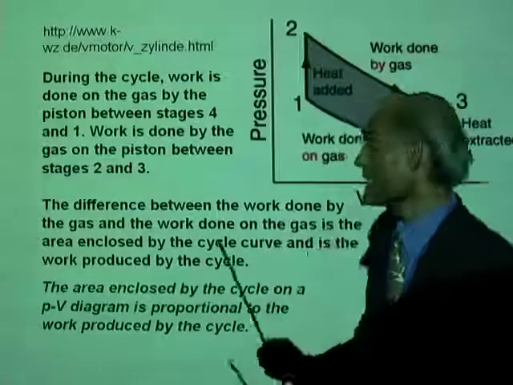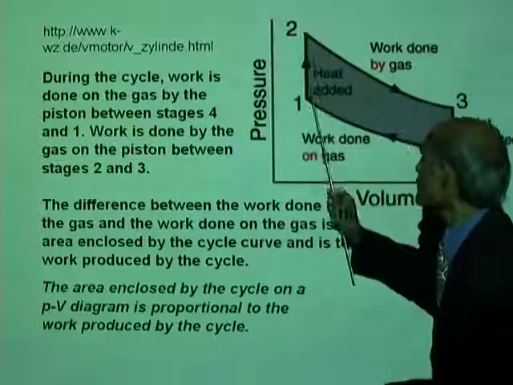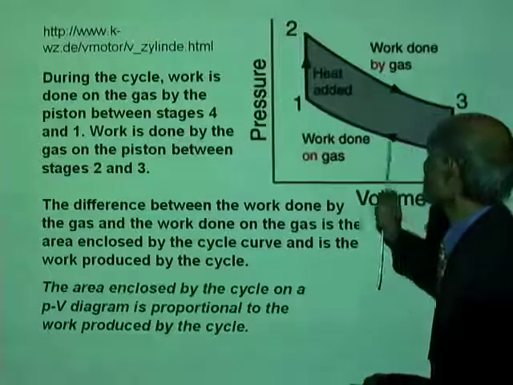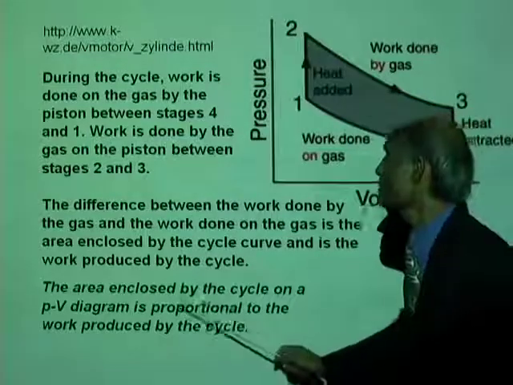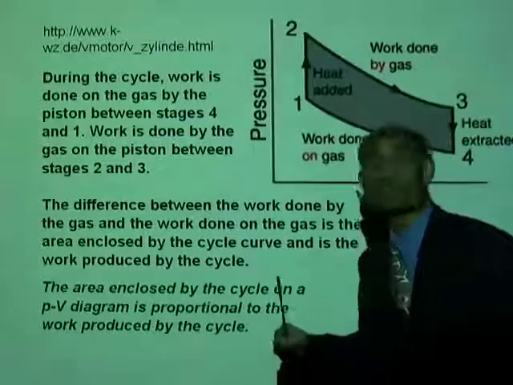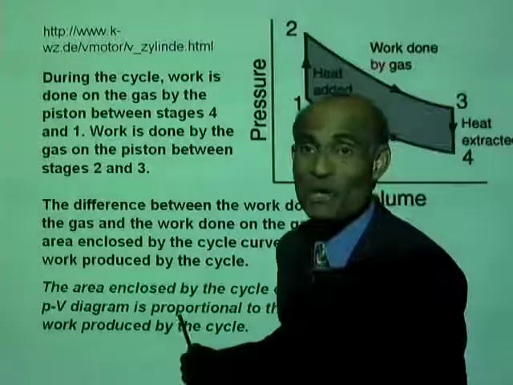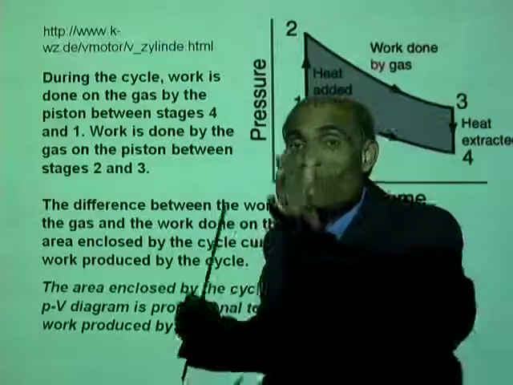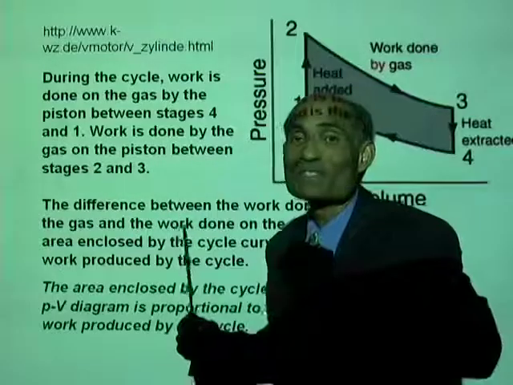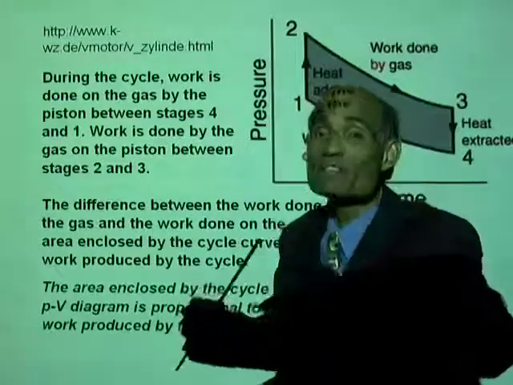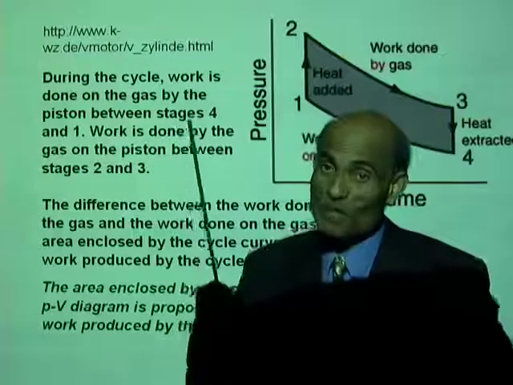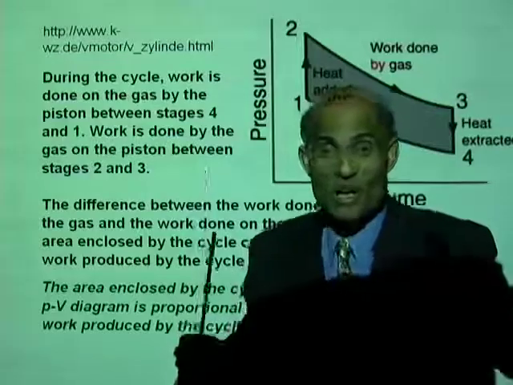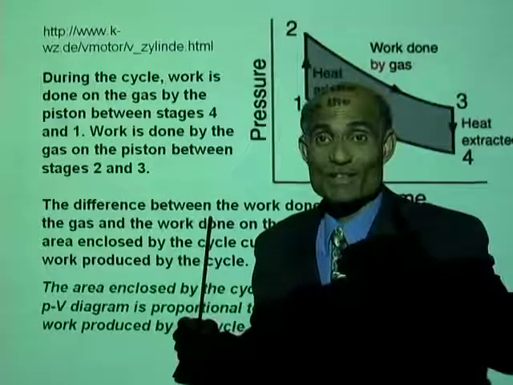For each cylinder, the area enclosed by the cycle on the PV diagram is proportional to the work produced by the cycle. So energy is delivered to the engine one after the other by each of the cylinders. If you have an 8-cylinder car, you can see it gets much more energy. So a sports car should definitely have more than 4 cylinders.